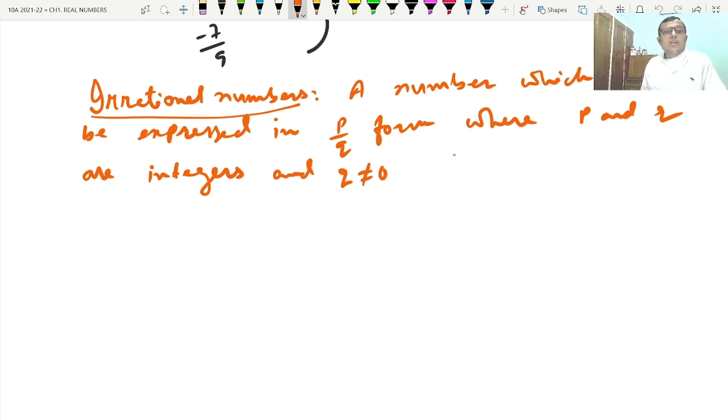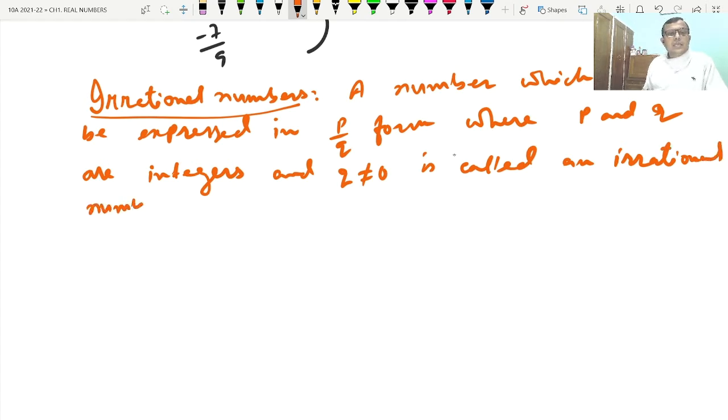A number which cannot be expressed in p by q form, where p and q are integers and q not equal to 0, is called an irrational number.